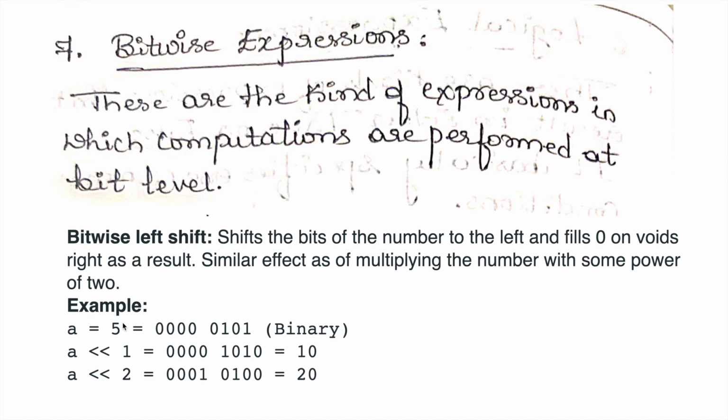Here I'm converting my number 5 to binary. The binary value of 5 is 0101. I grouped 4 bits here, 0000 first, then 0101. How did I convert the decimal number to binary?